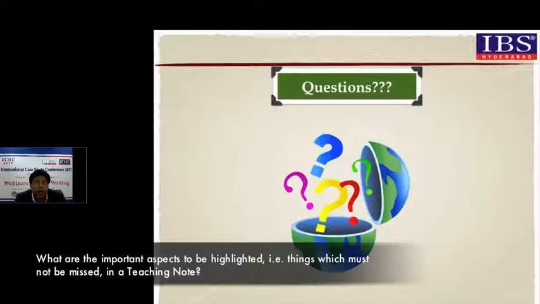So at the very least, a teaching note should have a synopsis, the teaching objectives, the assignment questions and answers to those questions, and some references if any. This is the very basic thing. Anything else that we have discussed is additional and goes towards making your case better and your teaching note much more robust.